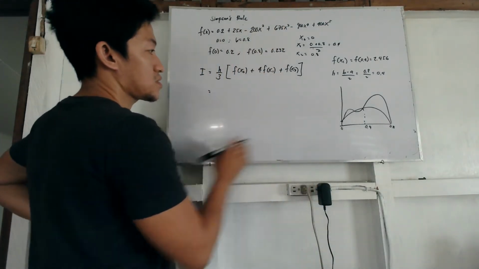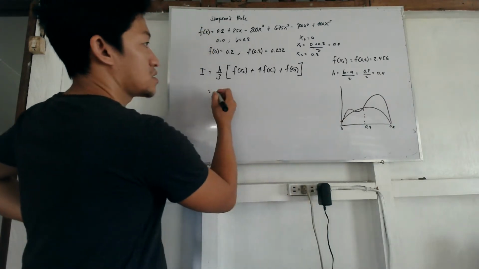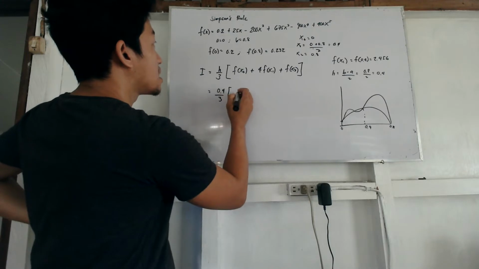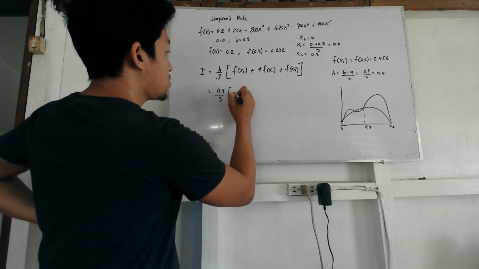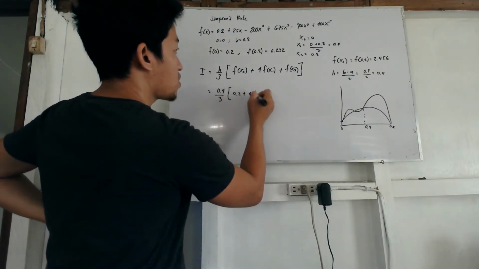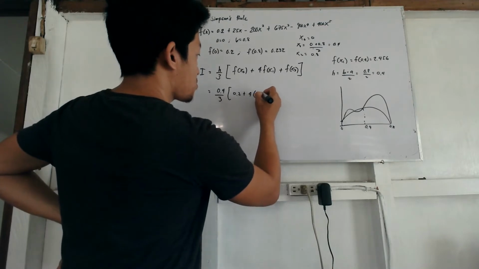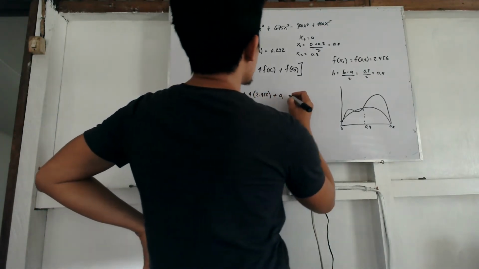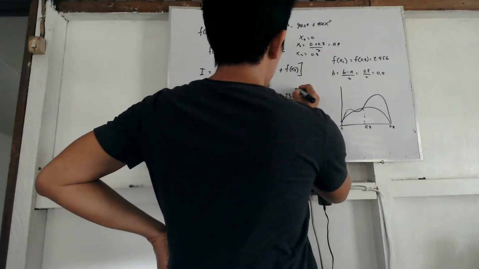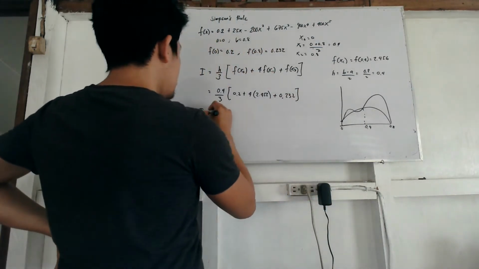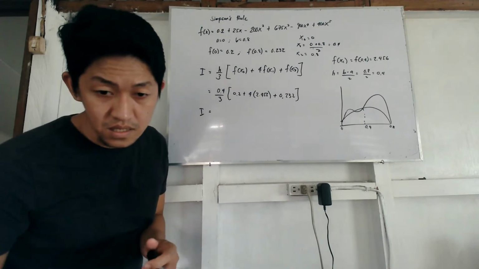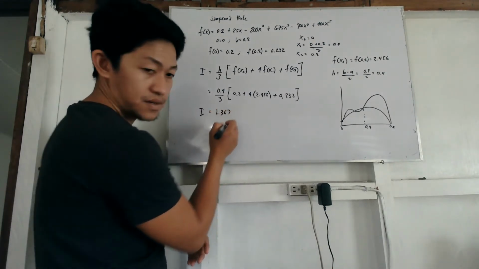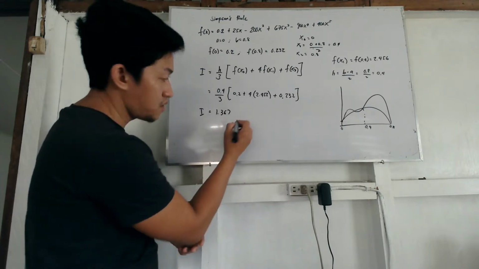So this is our representation. You have 0.4 divided by 3, times 0.2 plus 4 times 2.456 plus 0.232. So the integral value is 1.367467.